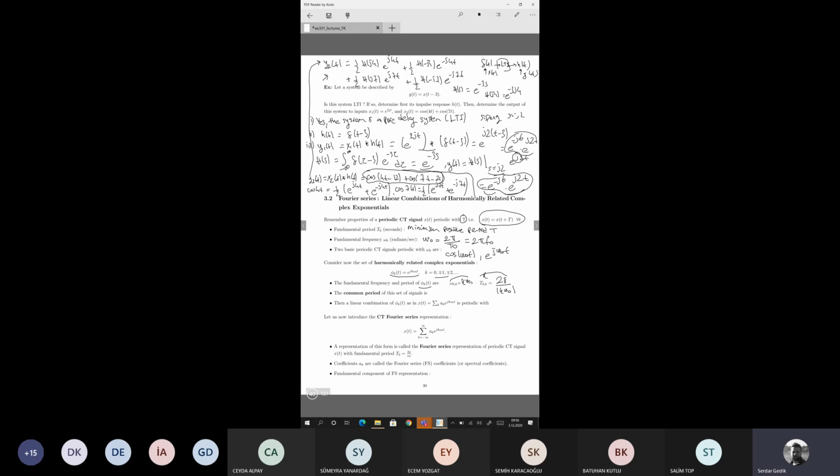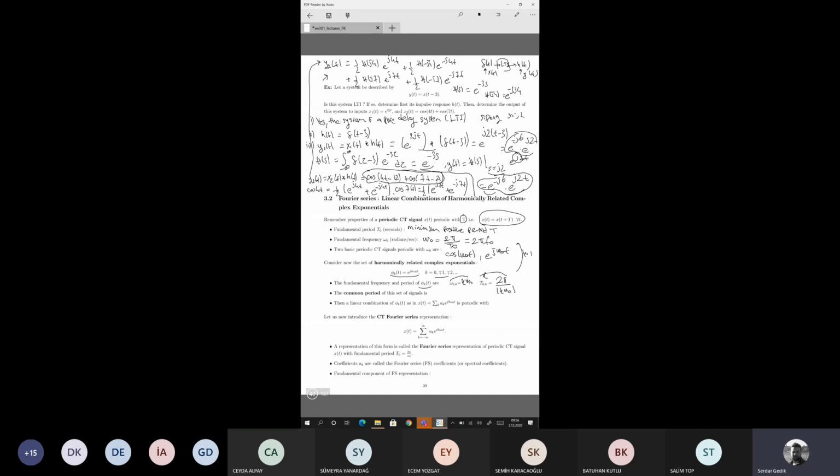If k equals 1, I have the discussion from above. But if k is not 1, in general a number, then phi k has the fundamental frequency of k omega 0 and fundamental period of 2 pi over k omega 0. But all of those phi k's have the same common period.